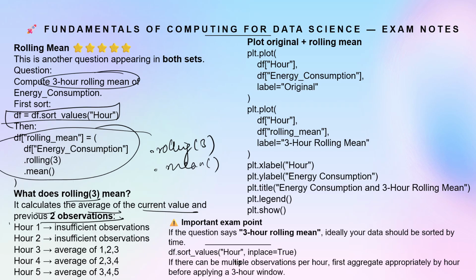For the first and second, you'll have insufficient observations, but from the third, you'll have one observation here and one here. So you can take the average now and compute your value. If you want to plot, you can plot it also.